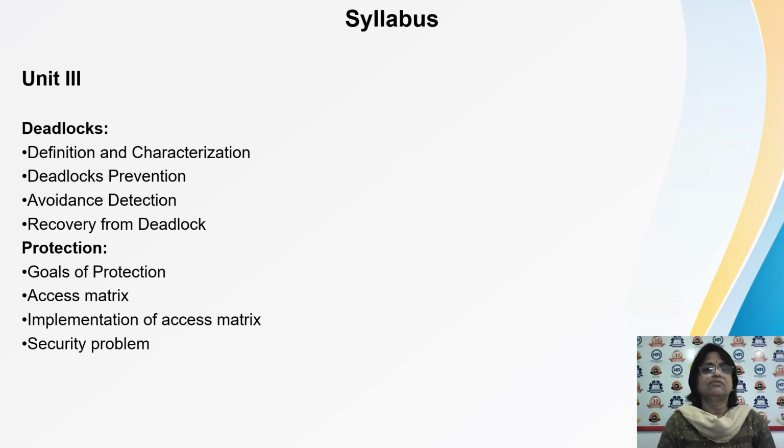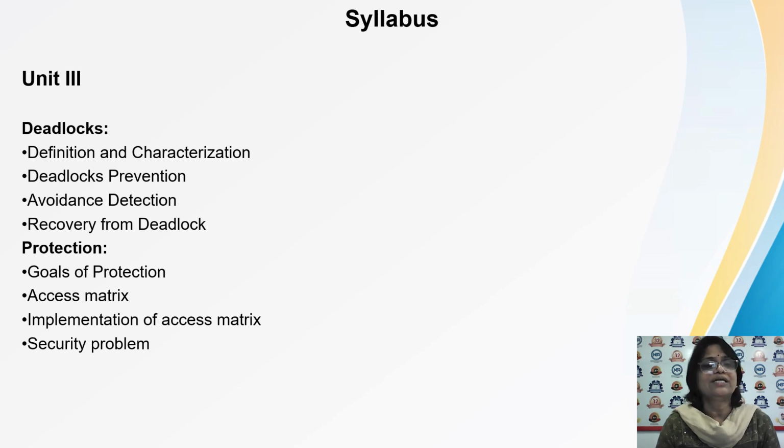And protection. The next topic we are going to cover in unit 3 is protection. Why is protection needed? If several users are accessing the system resources, they must not be allowed to access them unless they are authorized to use them.